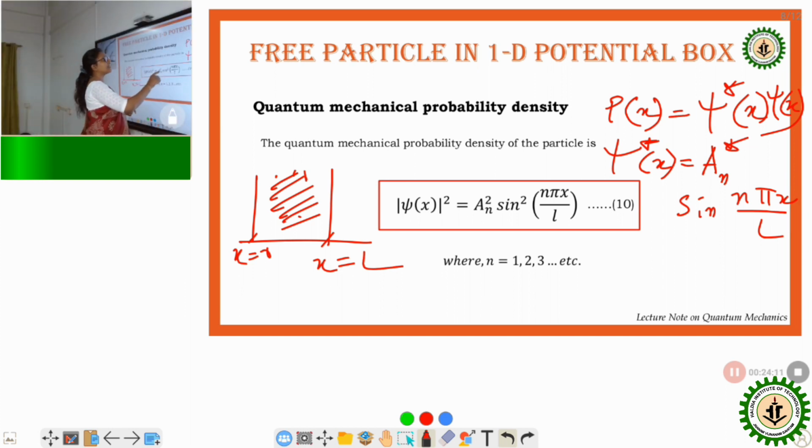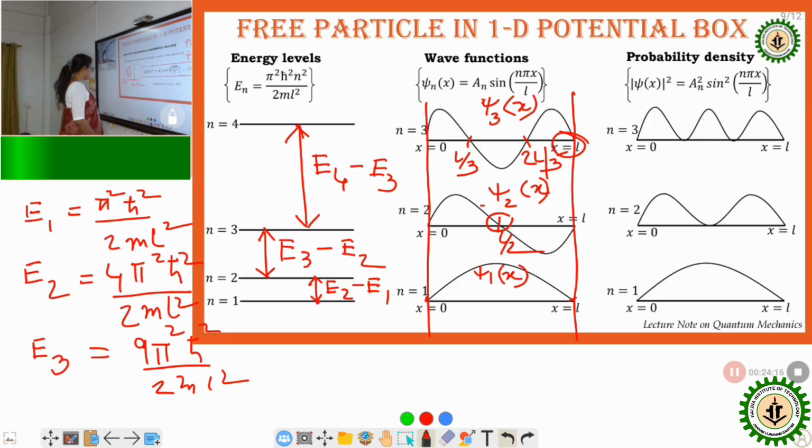So it can be written as A n square sin square (n pi x by L).